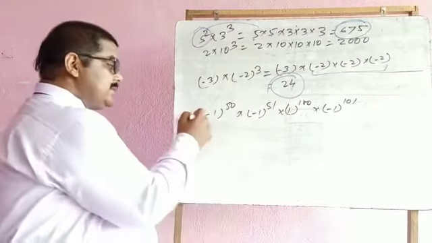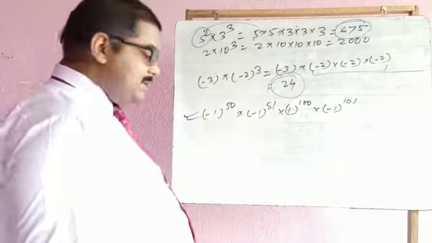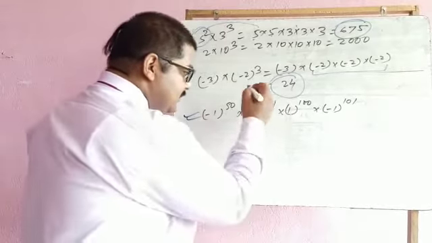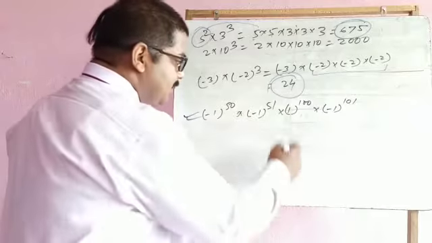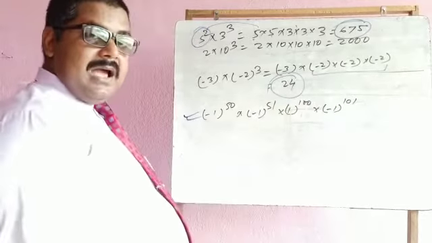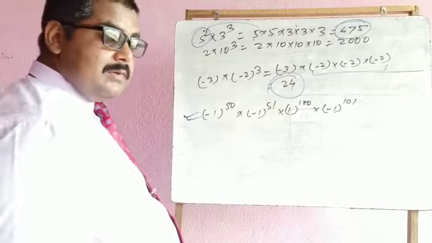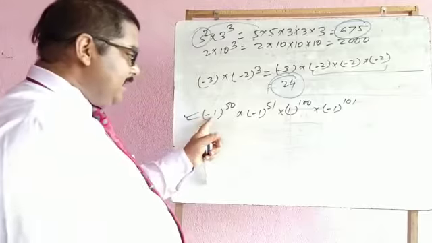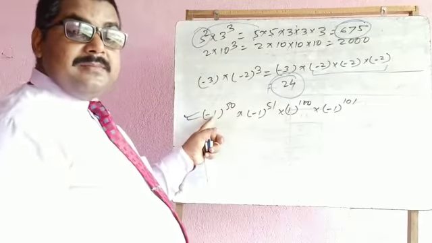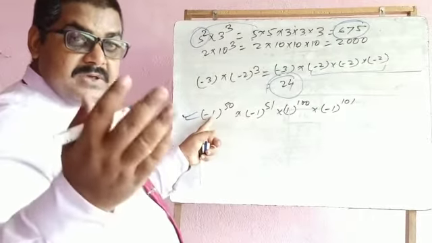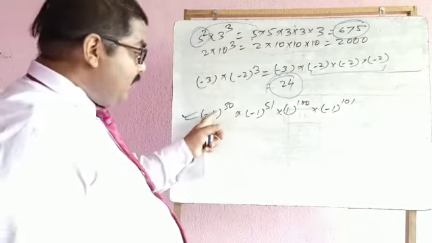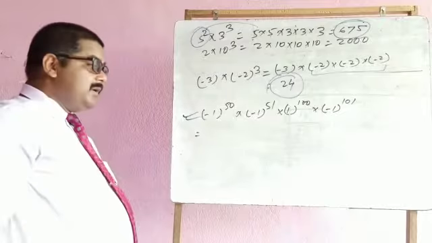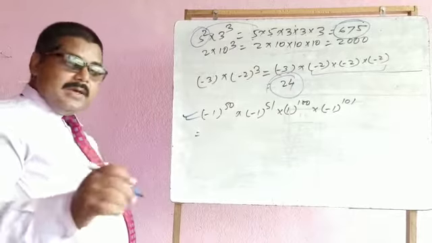And now in this case, you can just notice that minus 1 to the power 50, minus 1 to the power 51, 1 to the power 100, and minus 1 to the power 101. How can you solve? It is very easy. Minus 1 is multiplied by minus 1 how many times? 50 times. And when it is multiplied 50 times, the result must be positive, because 50 is an even number.